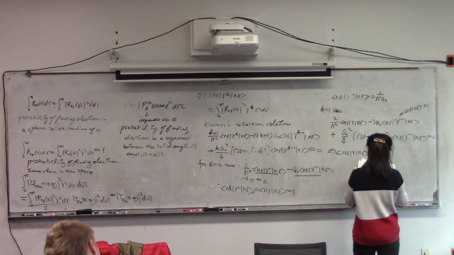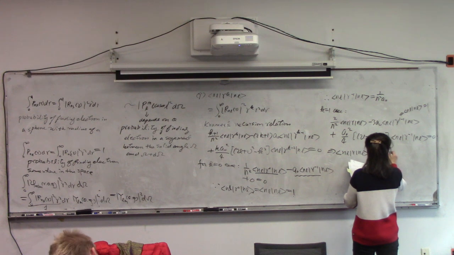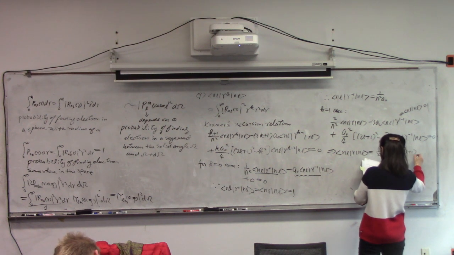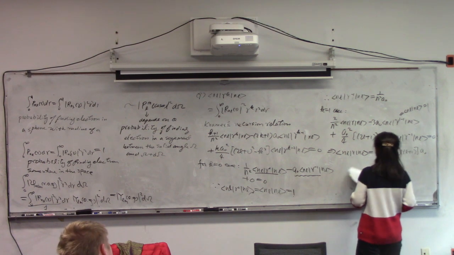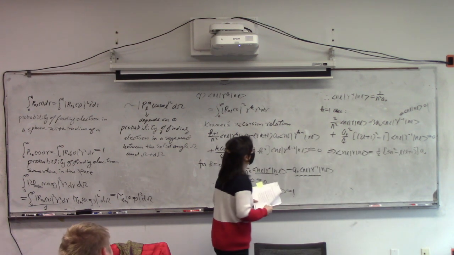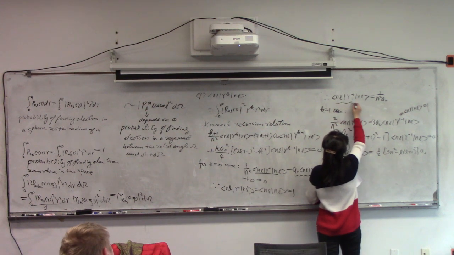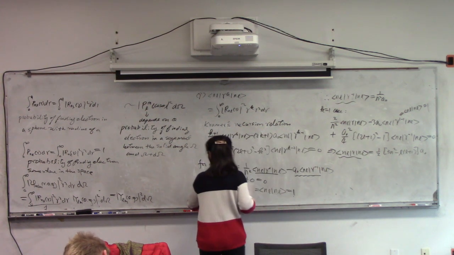It's very easy: ⟨r⟩ is half of (3n² minus l(l+1)) times a₀. So I have this one and this one. Now we can continue.